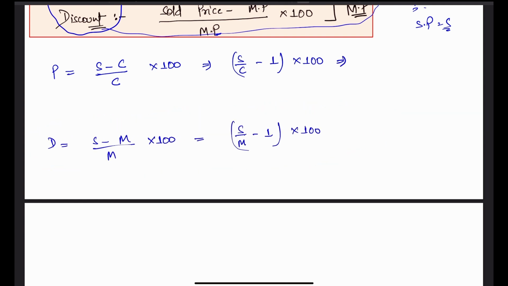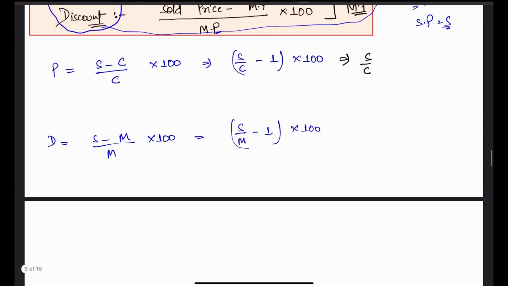I can rewrite this also with black pen: S by C into 100 is equal to P plus 100, right? P plus 100.